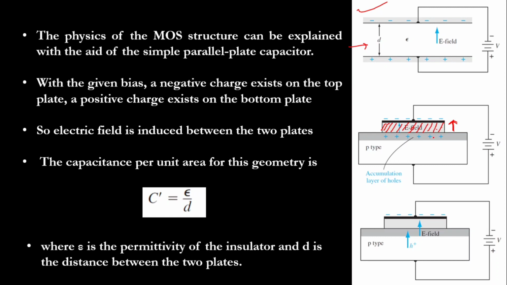So you can see positive charge accumulates on one side of the oxide layer, and negative charge accumulates on the other side, at the metal layer.